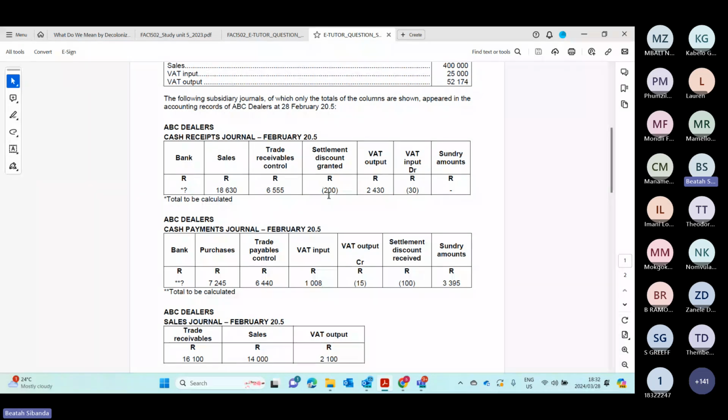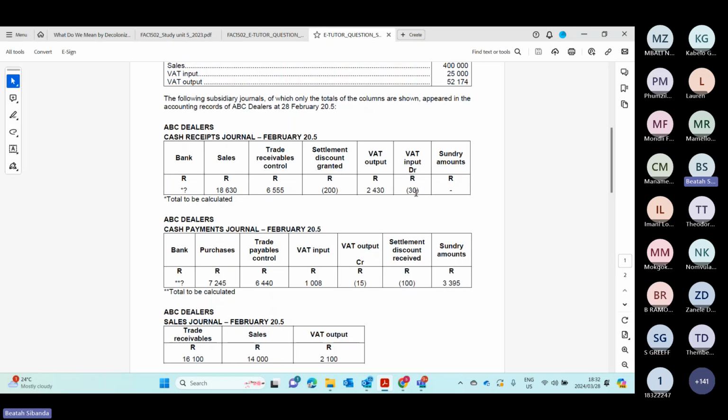So you will see here that we gave a discount of 200 rands. Because we gave this discount, this VAT output that we have accounted for must be reduced by the portion of the VAT on this discount that we are not going to receive.